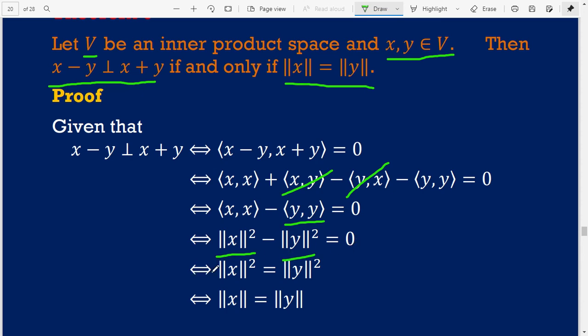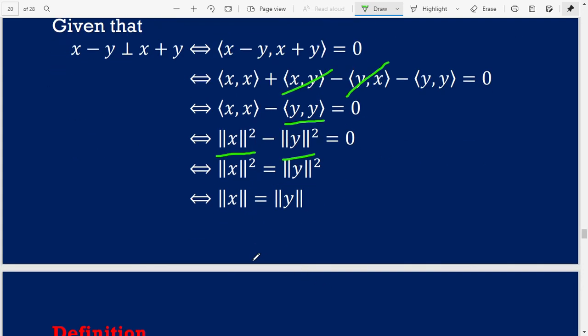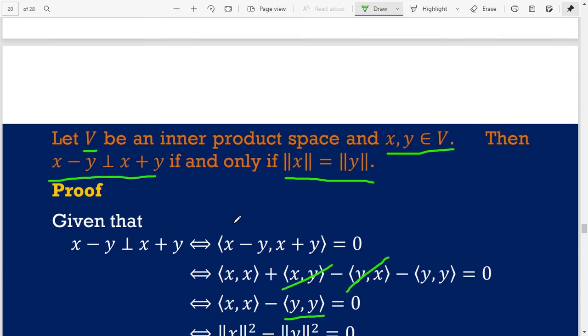So if and only if norm x squared is equal to norm y squared, if and only if norm x is equal to norm y. This completes the proof.